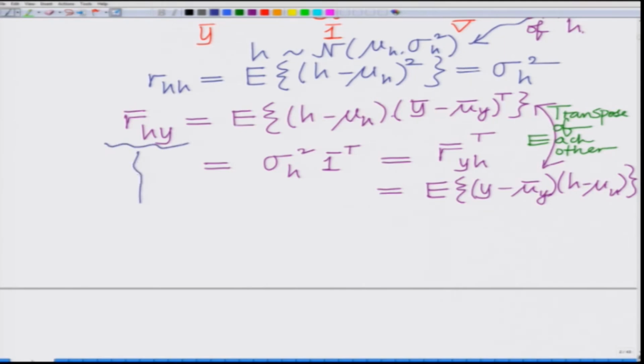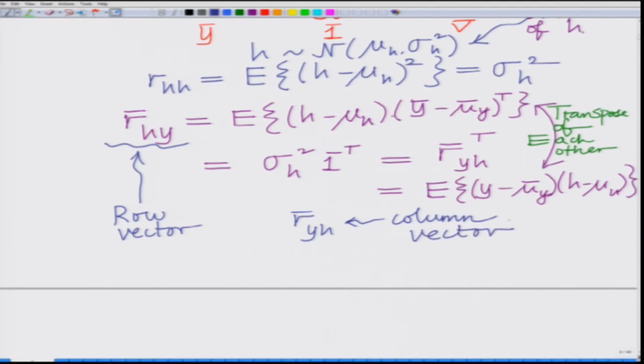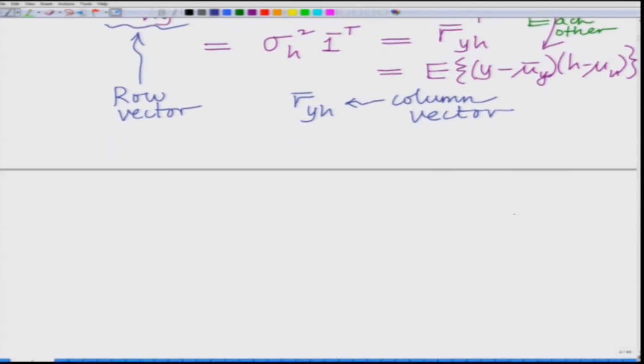This is a row vector and r bar y h is a column vector, okay.